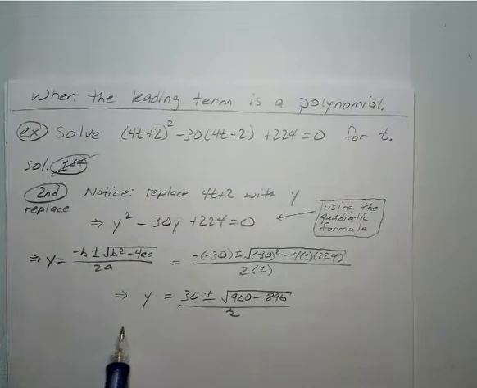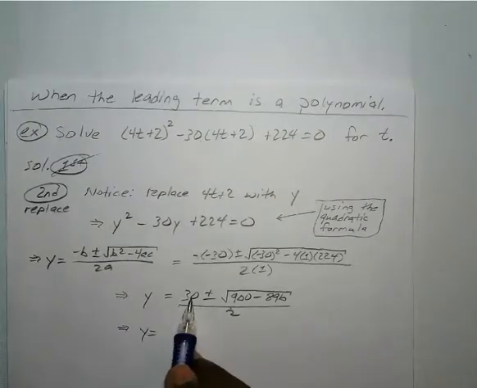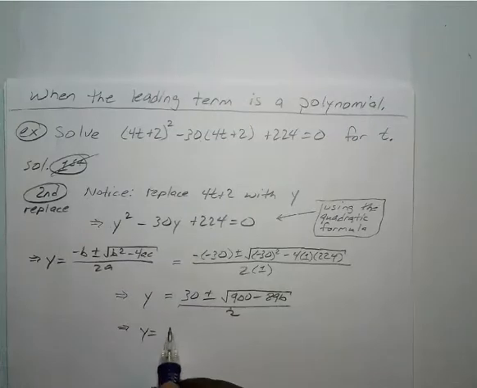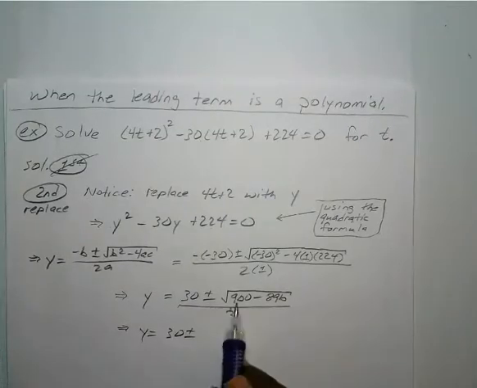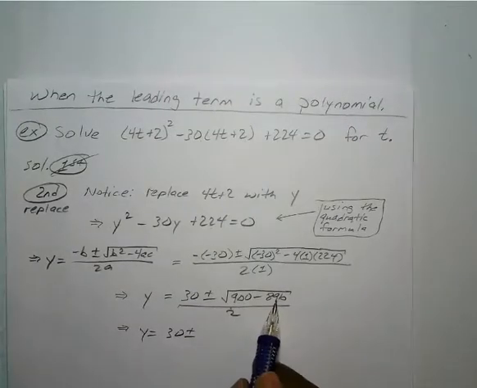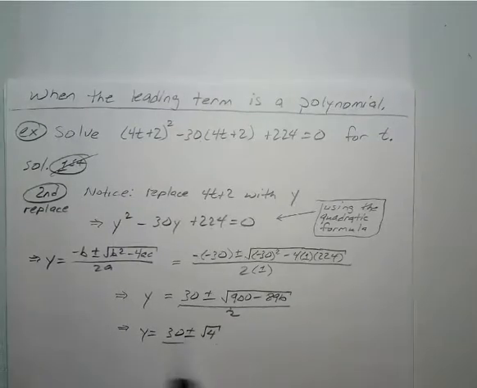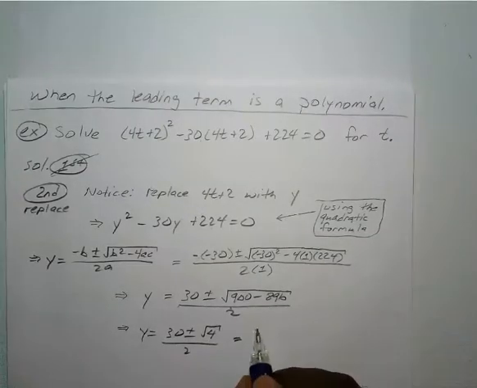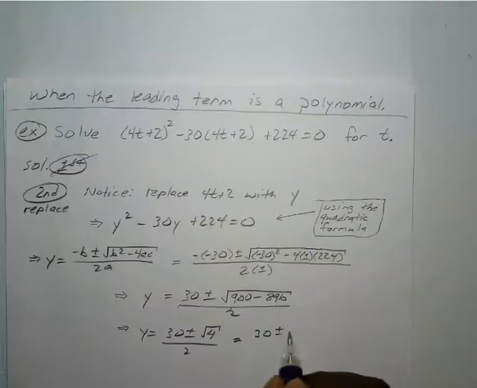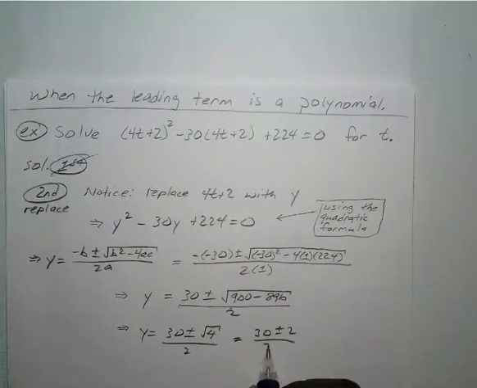So we're just going to continue with y is equal to 30 plus or minus the square root of 900 minus 896, which is 4, over 2. Square root of 4 is 2, so 30 plus or minus 2 over 2.